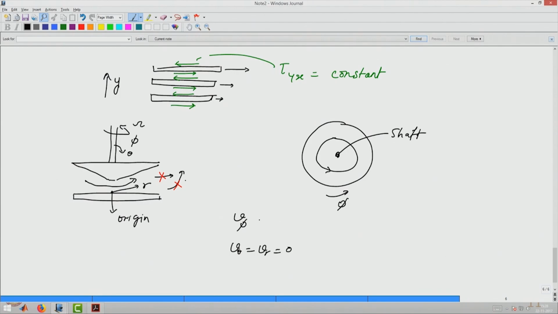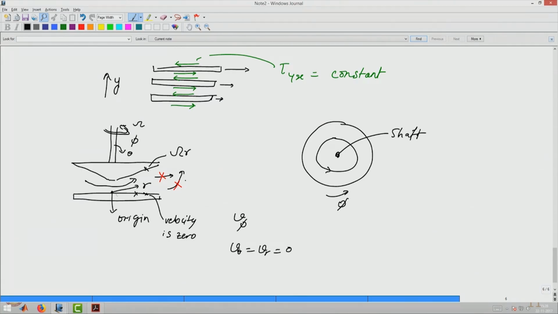Now, V phi, what can it be a function of? So, you can see that the bottom plate velocity will be 0 because the bottom plate is stationary. On the top cone, the velocity is going to be omega r because the top cone is rotating.